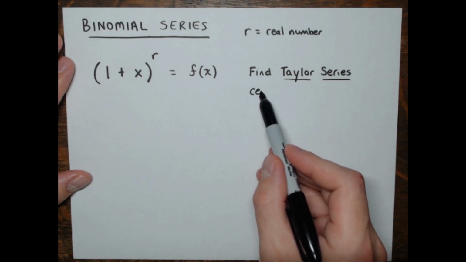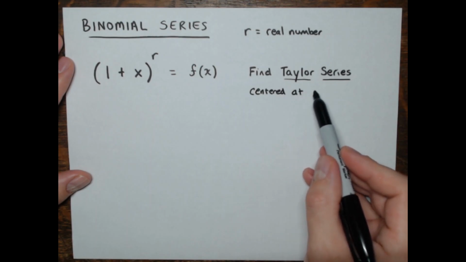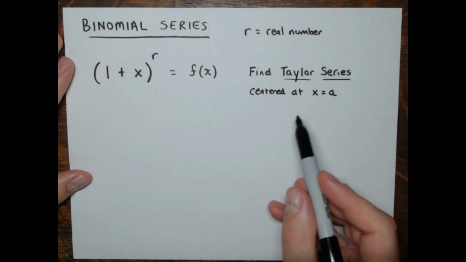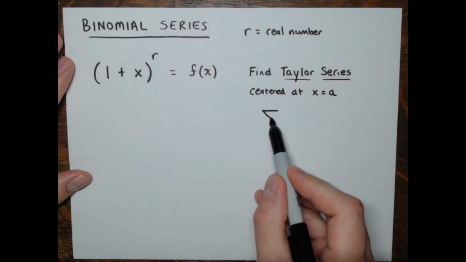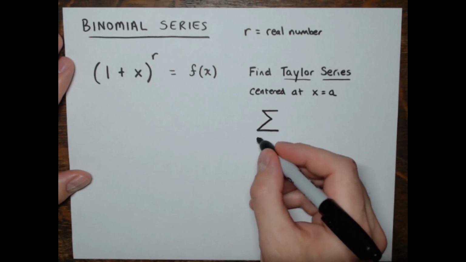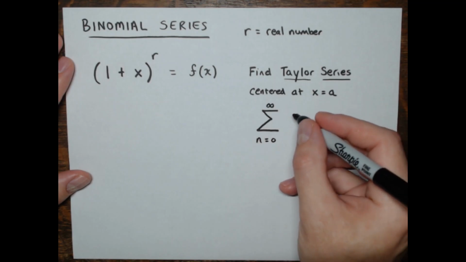So find a Taylor series, say, centered at x equals a. And remember what that looks like, right? That's the sum representing this function as the sum from n equals 0 to infinity.